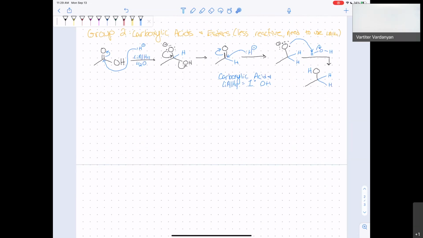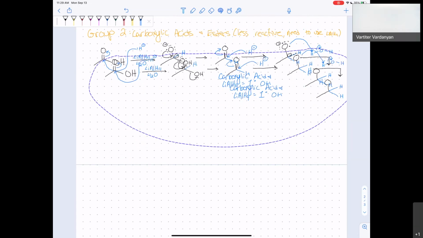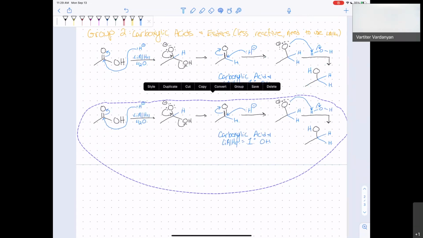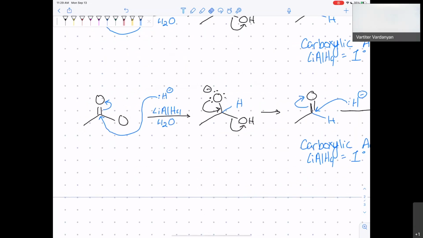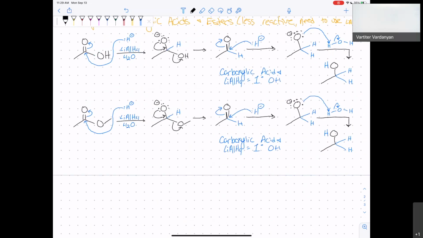And the best part of this is that this reaction is pretty much exactly the same for an ester. All you do is change that H to a carbon group. So we'll say ester plus LiAlH4 gives you a primary alcohol.